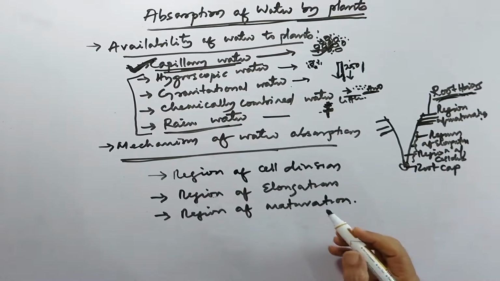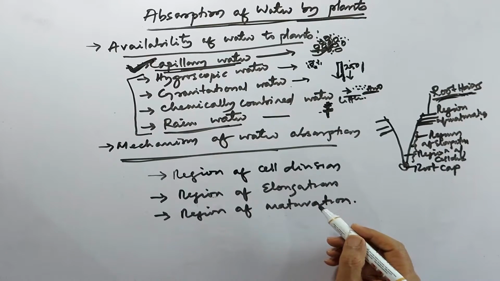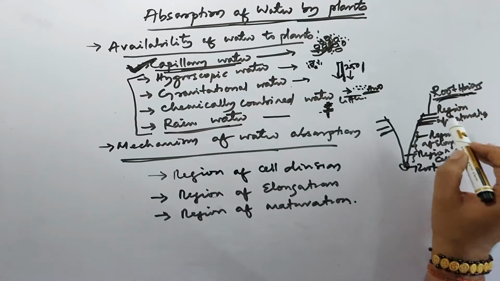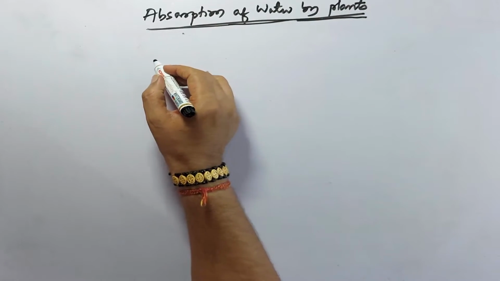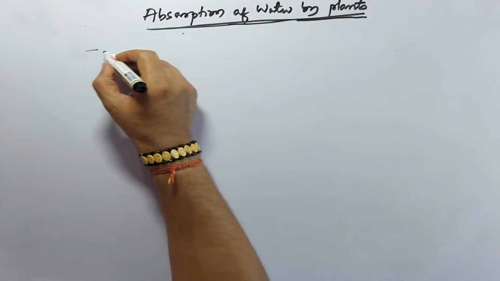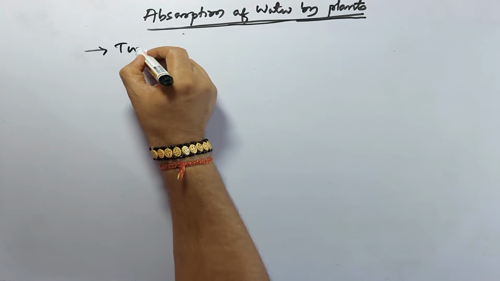Out of that, the region of maturation contains root hairs.